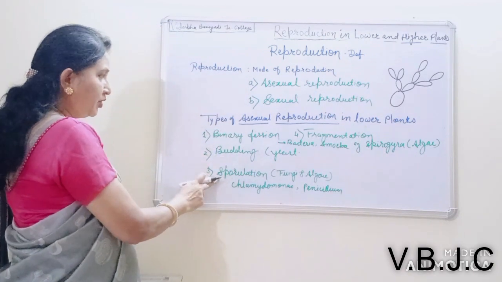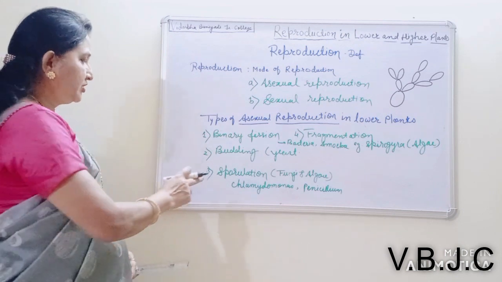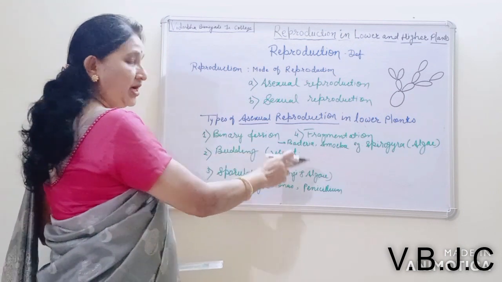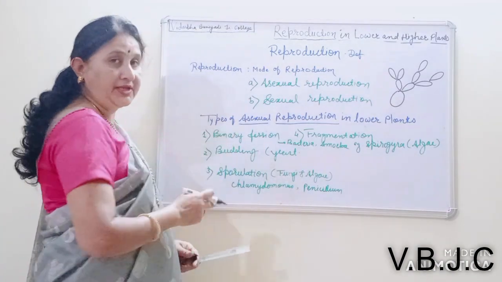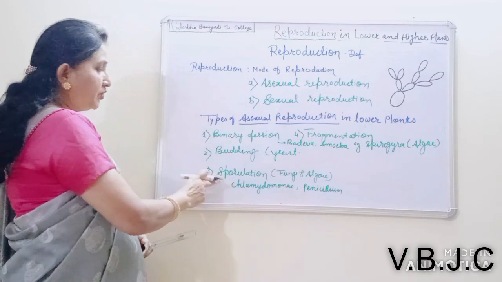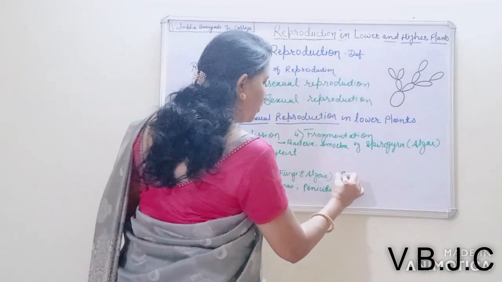The third type of asexual reproduction is known as sporulation, which is more common in fungi and algae, for example Chlamydomonas and Penicillium. Here asexual reproduction takes place by spores.